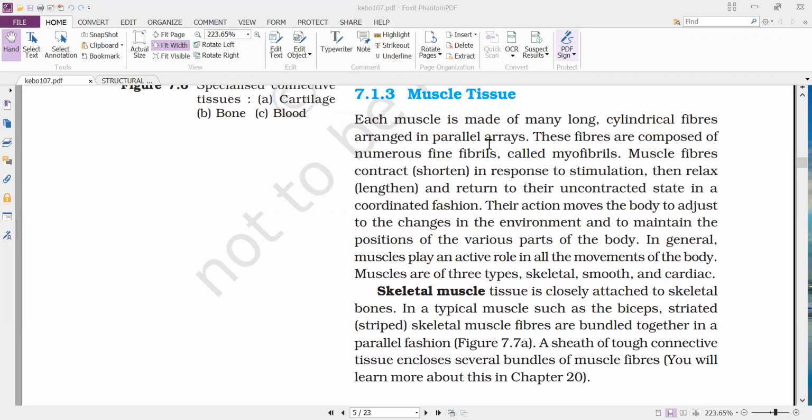You are passing the urine. This is all because of the contraction and relaxation of different muscles that are present in our body associated with the different organs. So any movement that is taking place in our body is only because of the contraction and relaxation of the muscle that is associated with that body part.